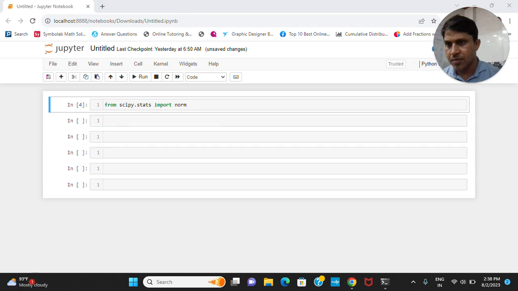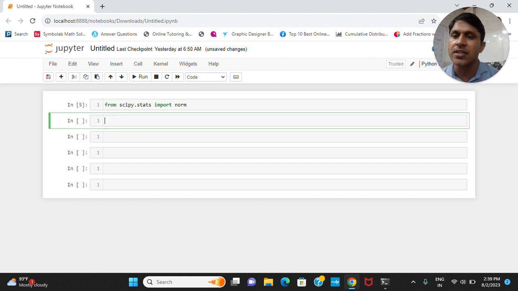Actually, we have to import norm from scipy.stats. Okay, now if I run it, I see this is successfully stored here. Successfully imported, and now I can use this to calculate probability, to calculate the area.